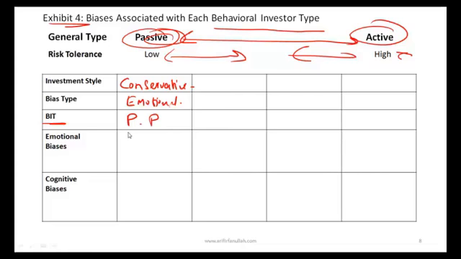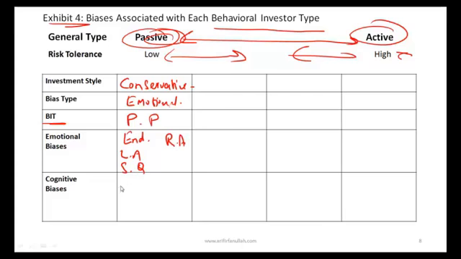Any ideas? So there will be loss aversion. So actually, you are probably looking at it right now, so you are not really guessing. They exhibit typically what's called endowment bias, loss aversion bias, status quo bias, and regret aversion.